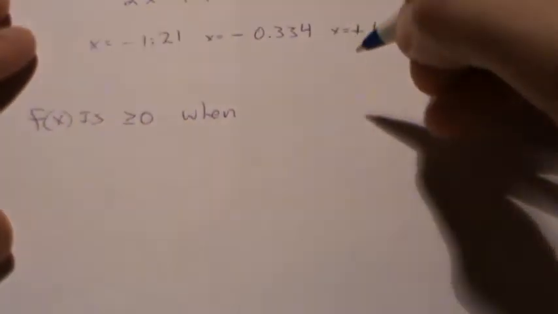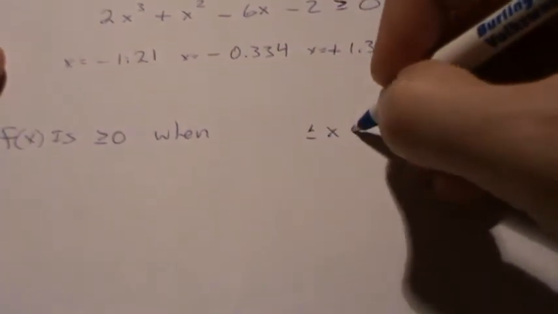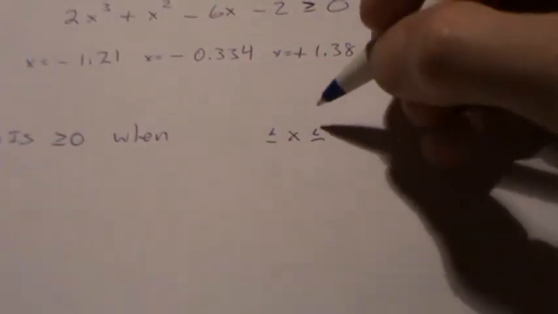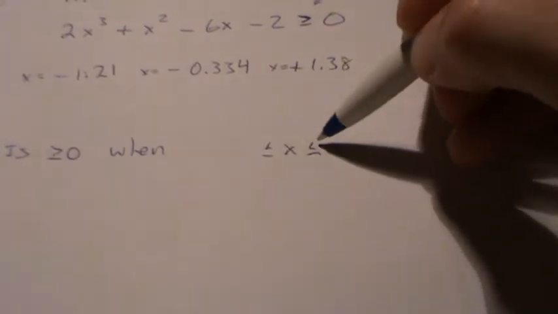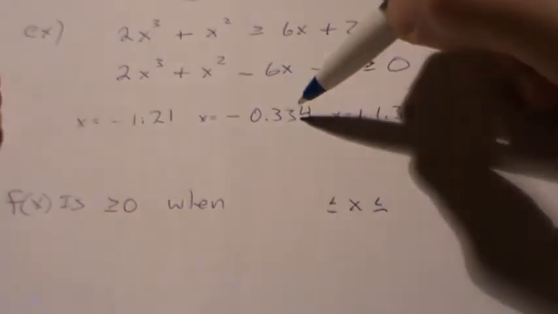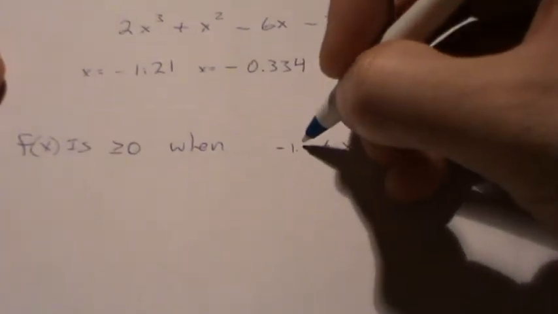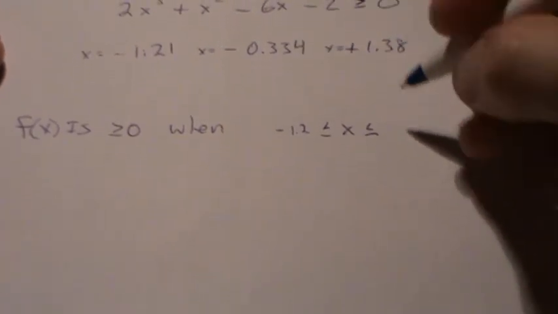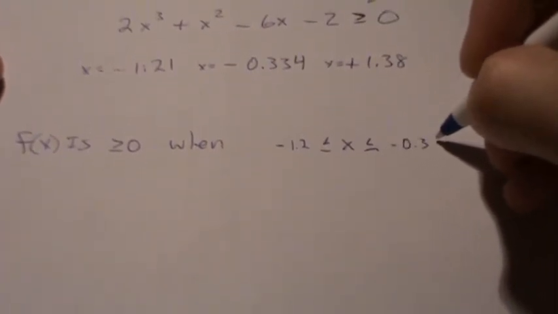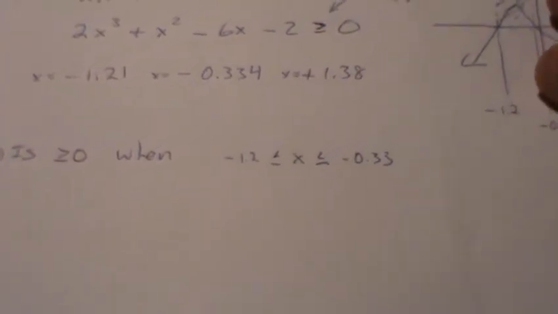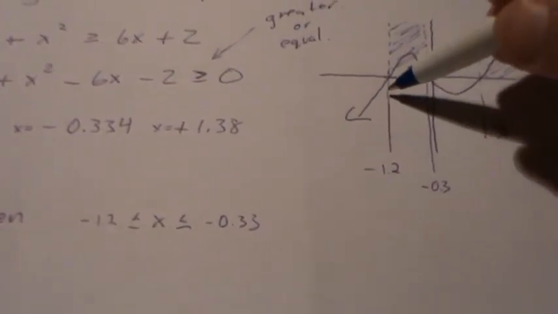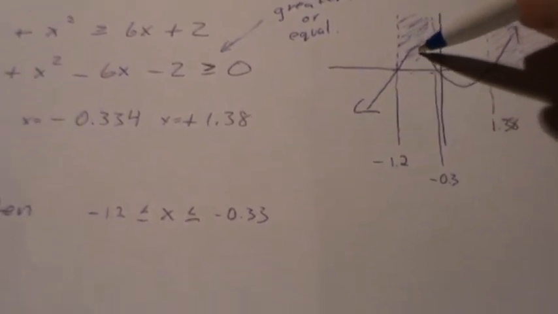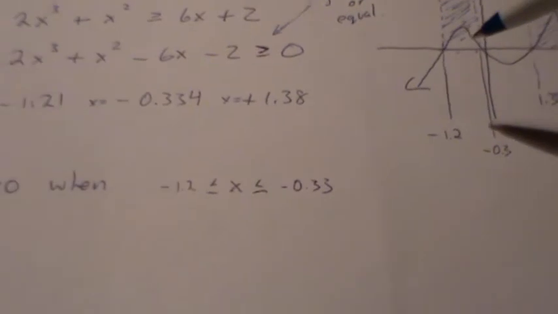So we could say f of x is greater than or equal to 0 when x is between or equal to these two numbers, negative 1.2 and negative 0.33. All right, let's round it off to that. And so you see that when that is the case, okay.